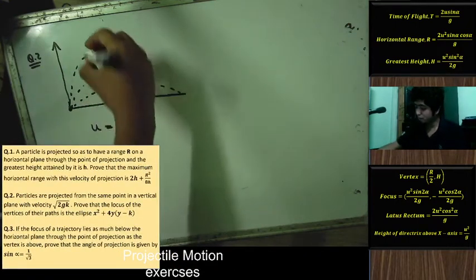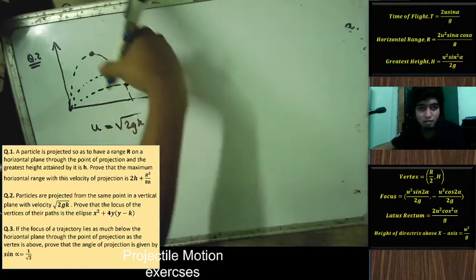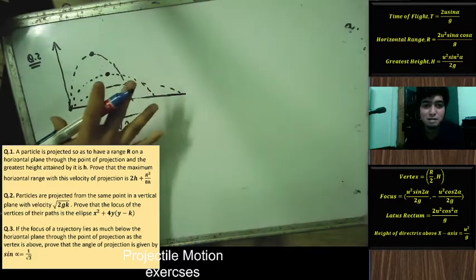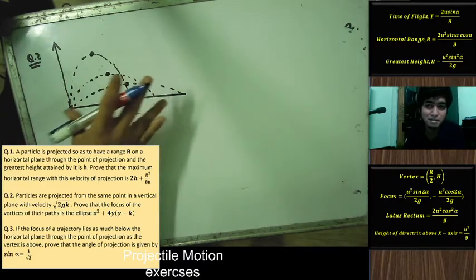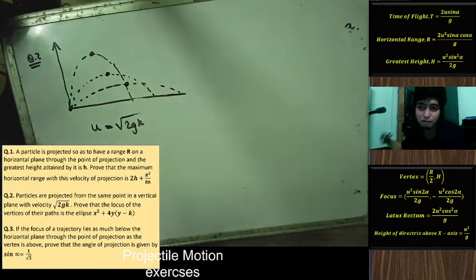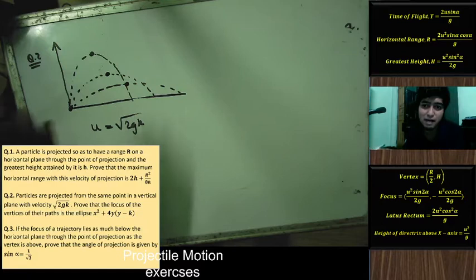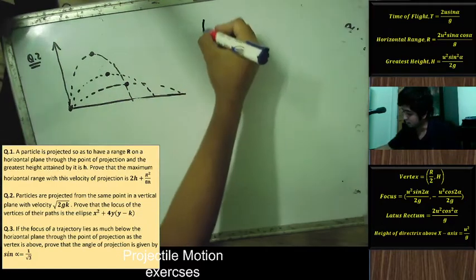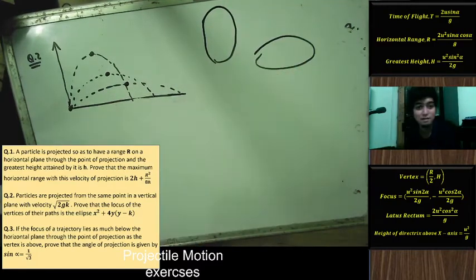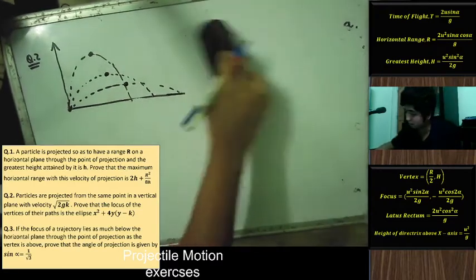Maybe this picture is not so accurate, but if we collect the vertices for the many paths along which we are projecting the particle, we will have an ellipse. Maybe it will look something like this.